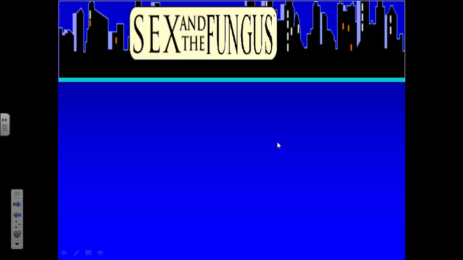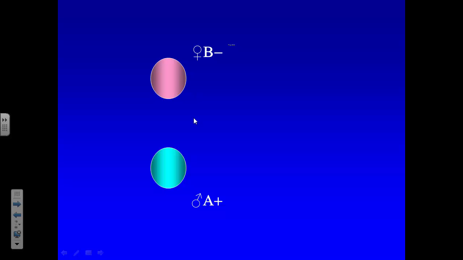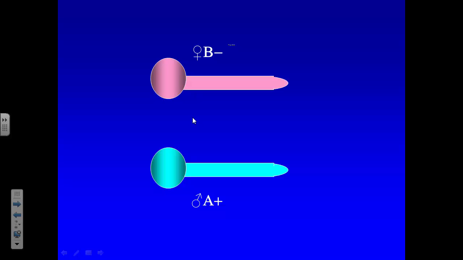Okay, so the sexual cycle is basically this. For virtually all of them, we start off with a pink and a blue guy. You can assign whatever sex you want to either one, but they're generally growing and producing hyphae or yeast cells, depending on what kind of fungus it is.